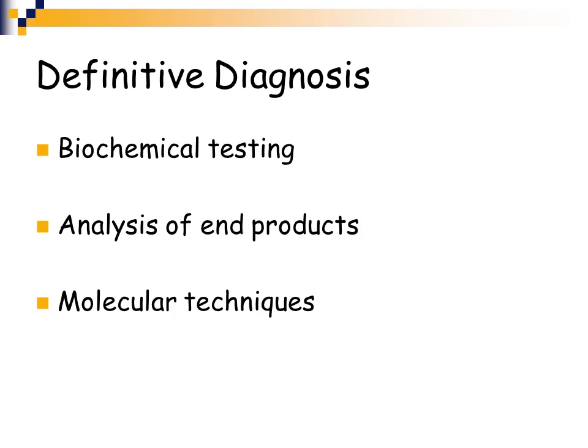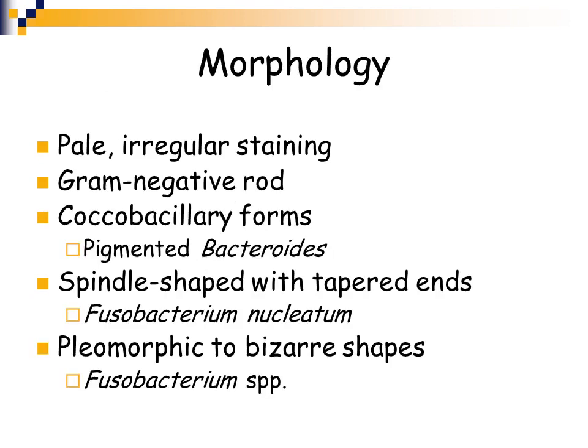But to definitively diagnose, we always want to rely on our biochemical tests, the analysis of the end products, or molecular techniques. You always do want to look at that gram stain morphology.